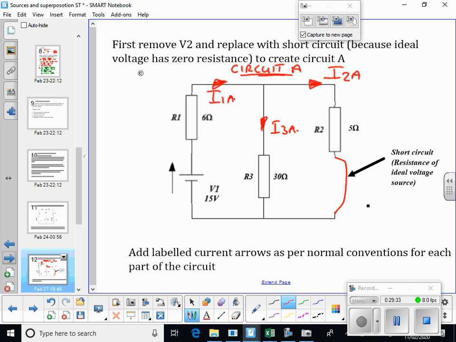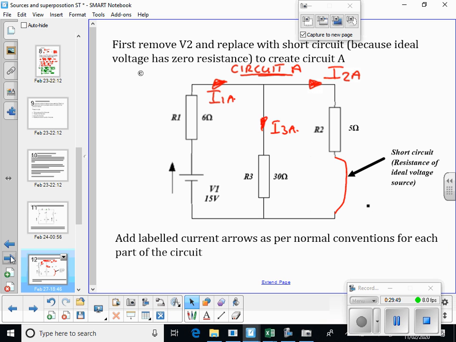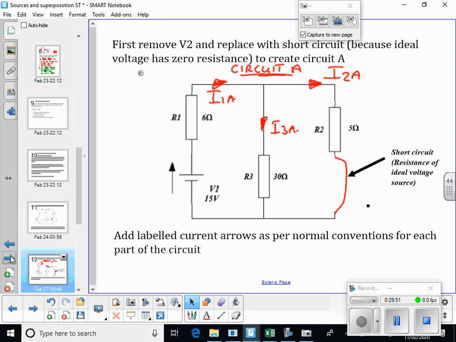Now, how can I go about calculating the currents I1A, I2A and I3A? Kirchhoff's?